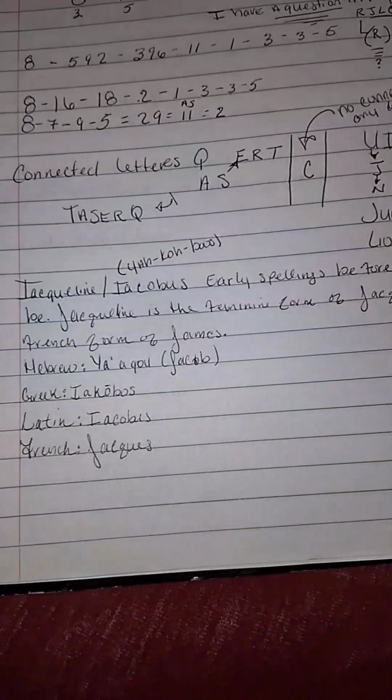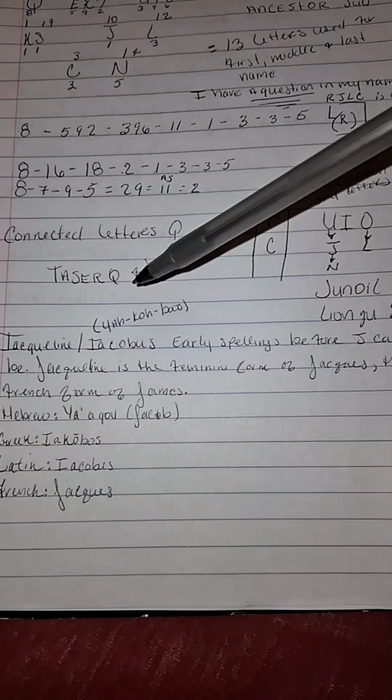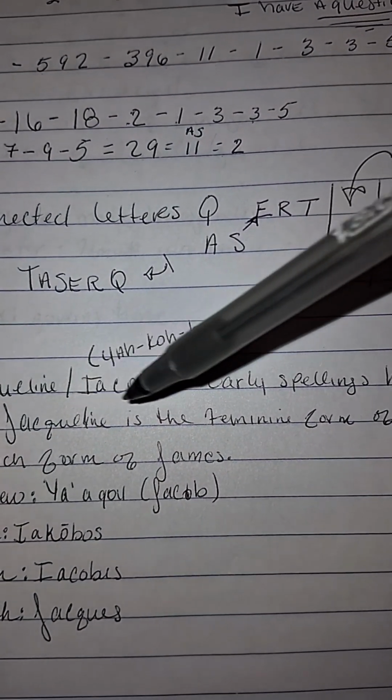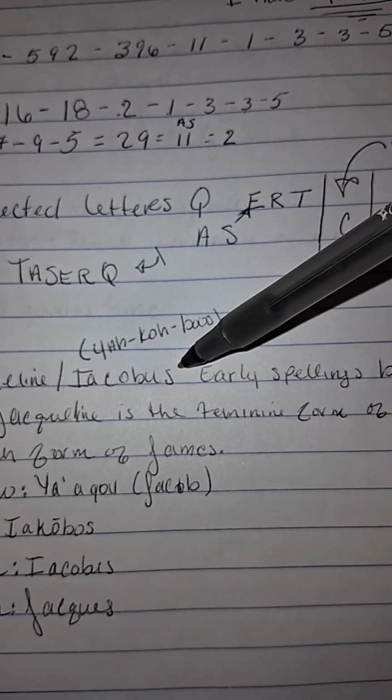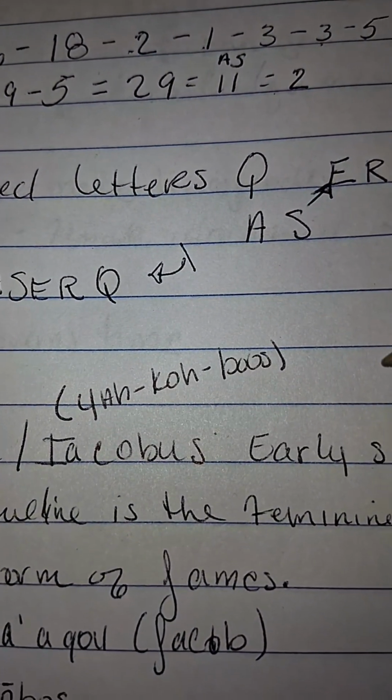So I got down here and I was not wrong. I got the different forms of Jacqueline, and how before all the letters came to be, this is how my name would have been spelled. And it would have been pronounced Jacobus.